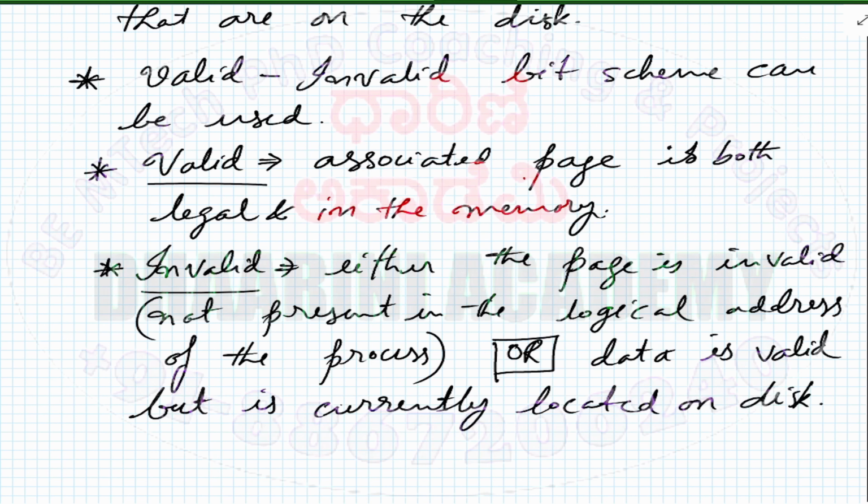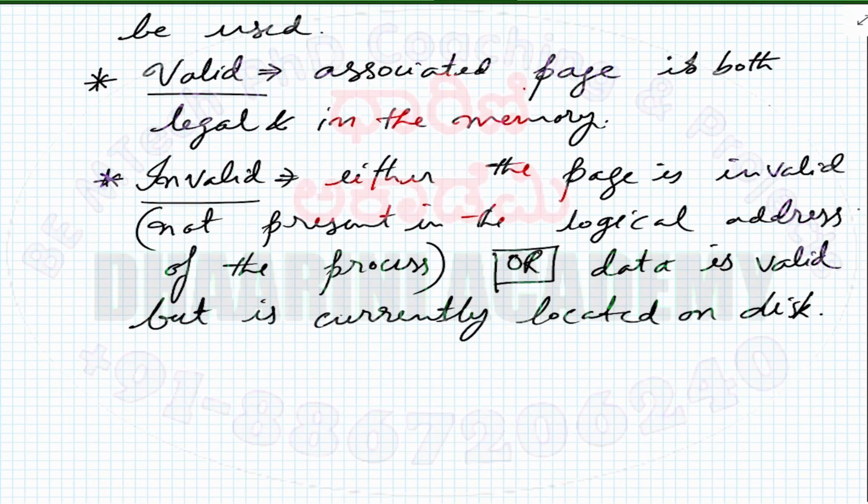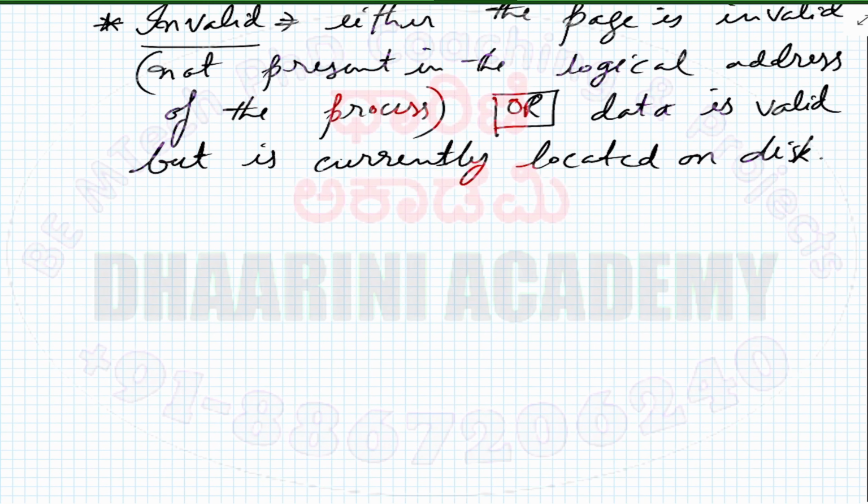So you see that the valid and invalid bit can be used to identify where this particular process and the code is. You read the code into virtual memory, and just by looking at a specific bit, it can be identified that yes, it is present on the disk or it is present in the main memory or RAM or registers or wherever.